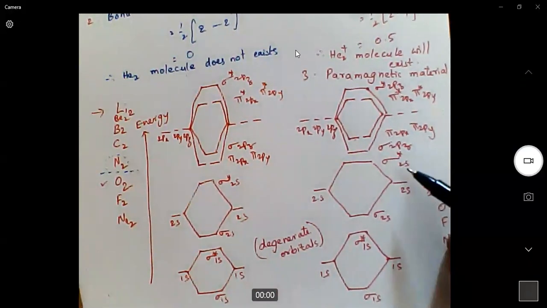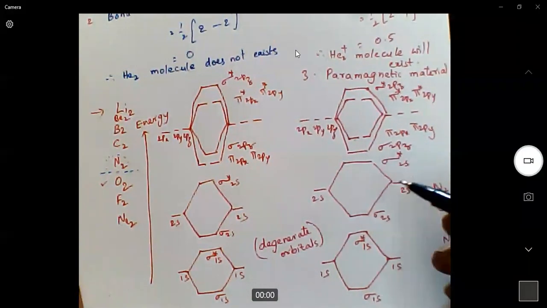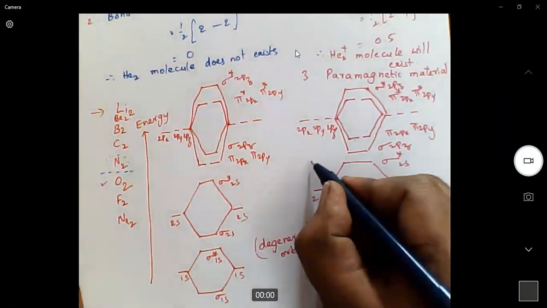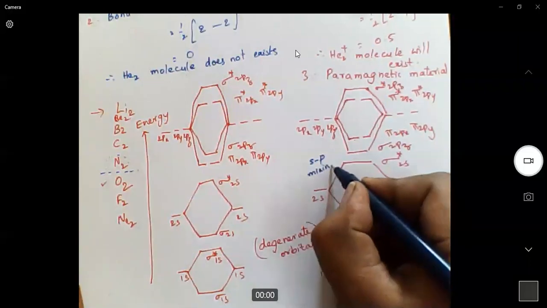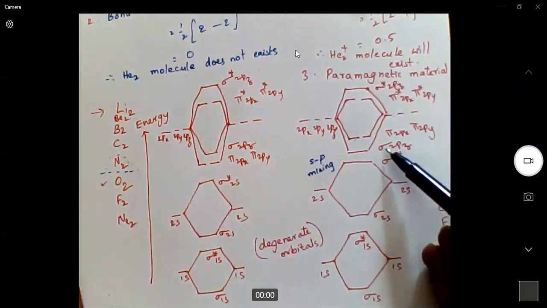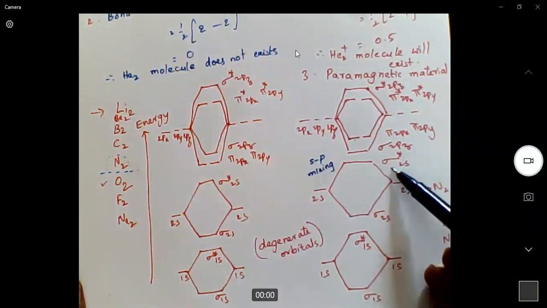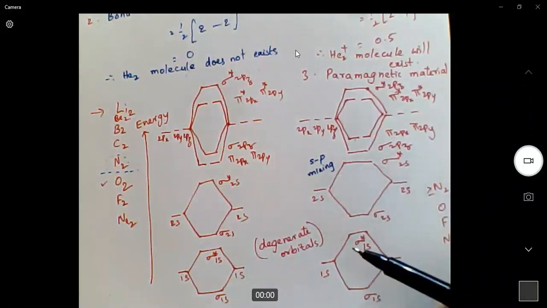In small atoms, these two orbitals will undergo additional mixing. That is what is called sp mixing. So in small atoms like carbon, this sigma 2pz orbital and this sigma star 2s orbital will undergo additional mixing. That is what is called sp mixing.